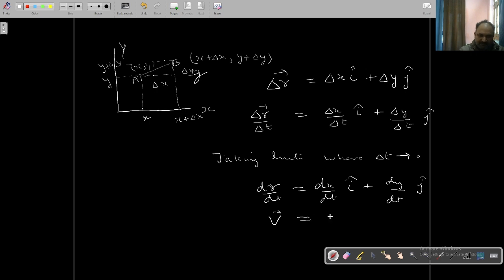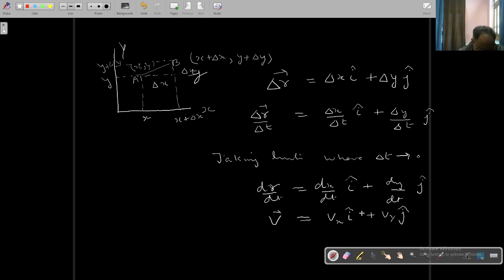The resultant velocity of the particle will be vx i plus vy j. So here we find that the resultant can be expressed as vector components of the motion in 2 dimensions, or velocity in 2 dimensions, or acceleration in 2 dimensions.